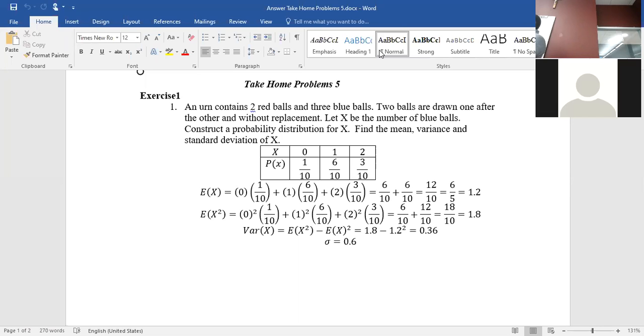We are choosing 2 balls, and we are counting out of those 2 balls the number of blue. We can only have 0, 1, or 2. Even though there are 3 blue balls, we only choose 2 balls. The example I gave you in class, we wanted red, and there were 2 red. But it wasn't 2 just because there were only 2 red, but because we only choose 2 balls.